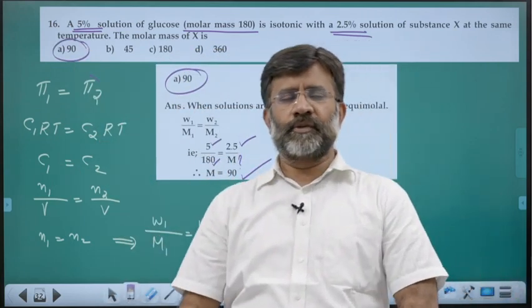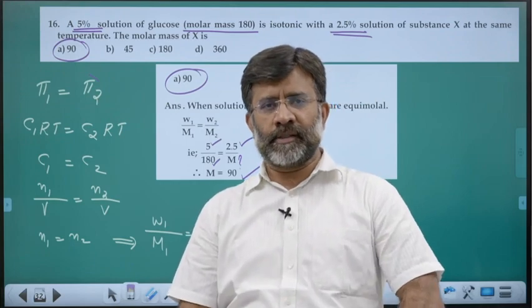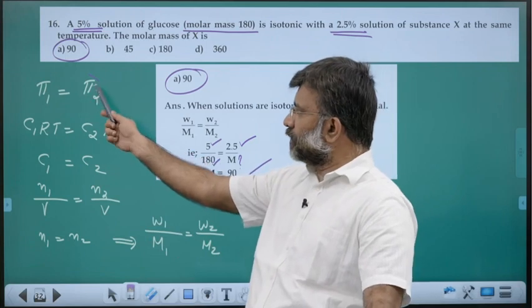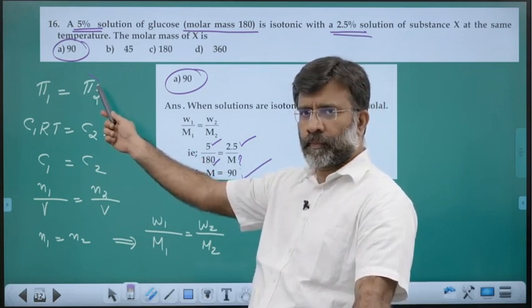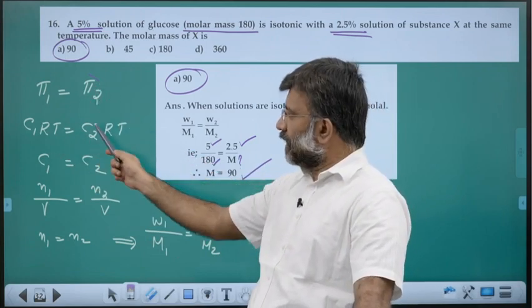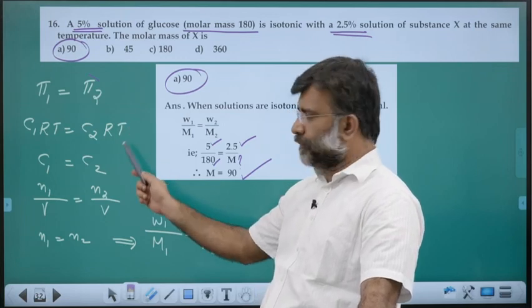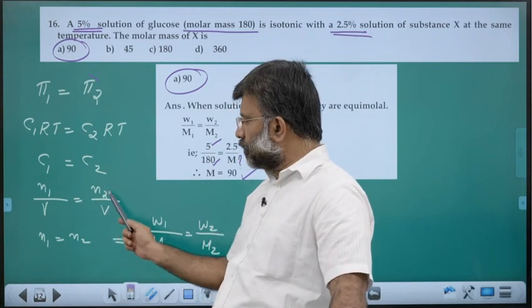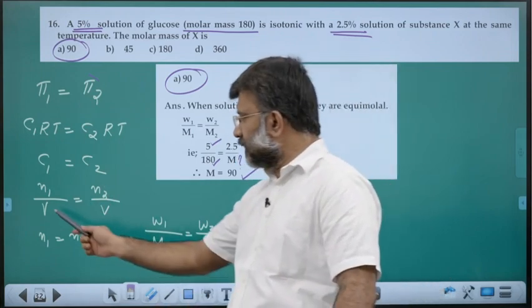So what does isotonic mean? Isotonic means same osmotic pressure. That means pi 1 is equal to pi 2. That is C1 RT is equal to C2 RT. That is C1 is equal to C2. N1 by V equal to N2 by V. Why do we take the same volume?